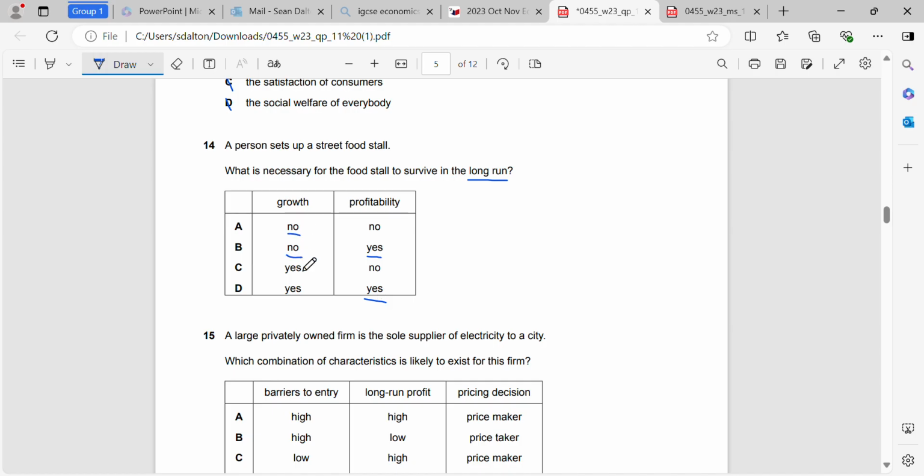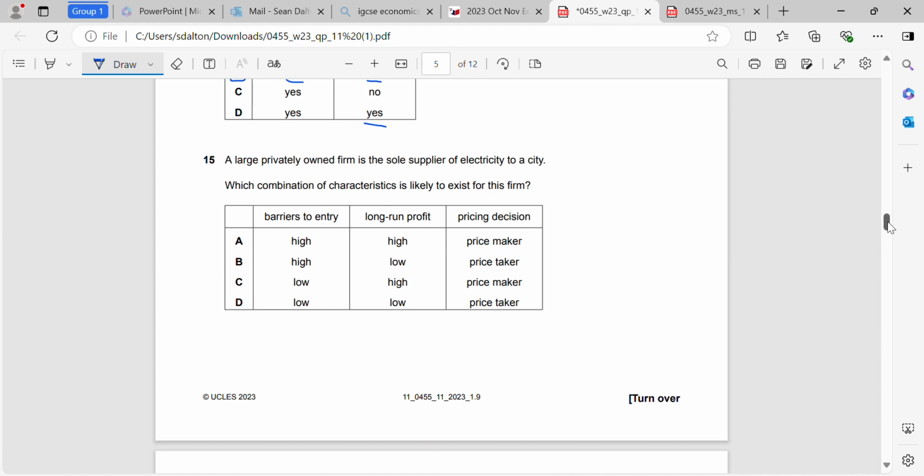No, you don't. Because some businesses are able to survive for long periods of time while still remaining small businesses. Maybe they operate in a niche market which makes it very difficult or almost impossible to grow, right? So the market may be very small. The owner may decide to keep the business small, but they need profit. So do they need to grow? No. But do they need to have profit in the long run? Absolutely.